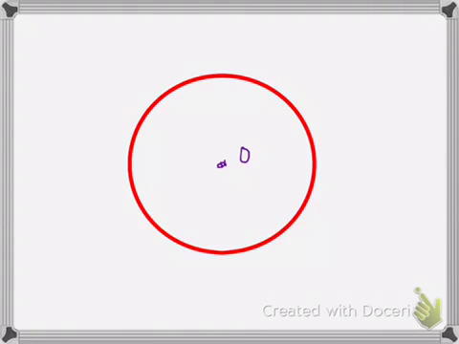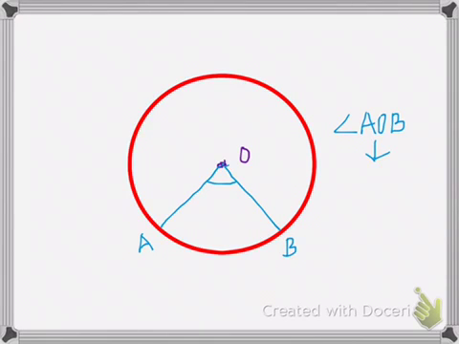Talking about the angles in a circle, we can make different types of angles in a circle. Say this is A or B. It's one angle in a circle. As it stands on the center of the circle, we call it central angle.